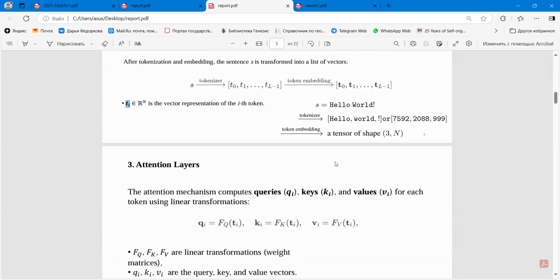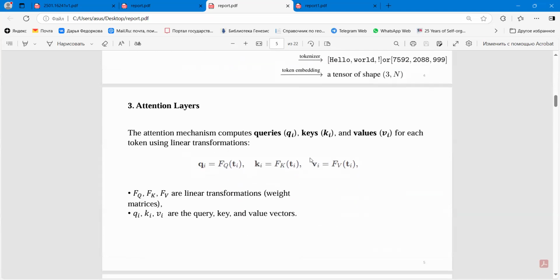And the second step is applying attention layers. The attention mechanism computes queries, keys, and values for each token using linear transformations. We can represent this process by such equations.